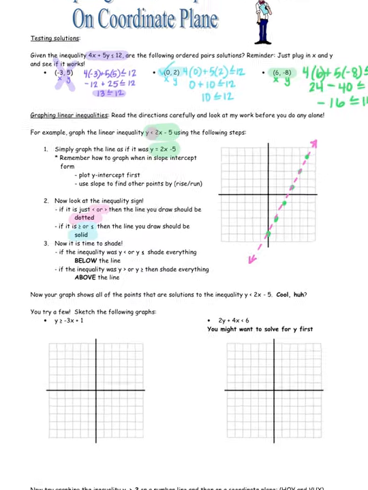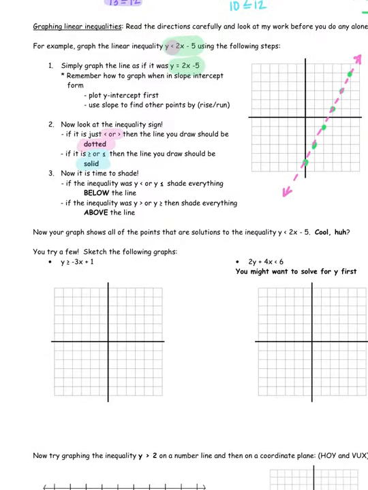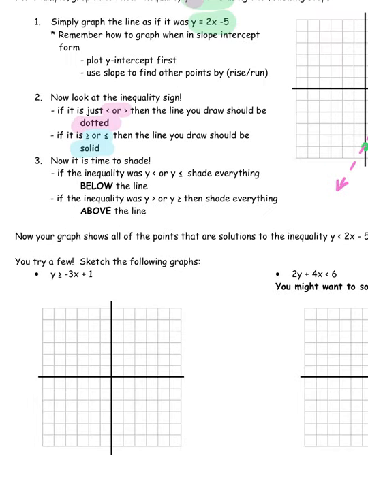Okay, now it says it's time to shade. If the inequality was less than or equal to, and this can be a little bit confusing, but think less than or equal to, we're going to shade below the line. So we're going to go under the line.